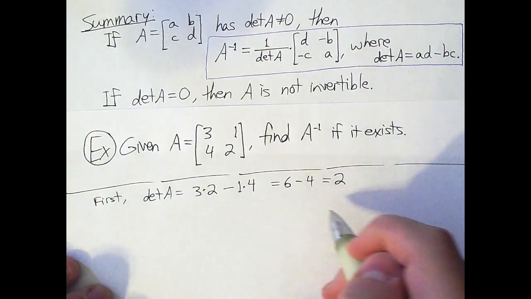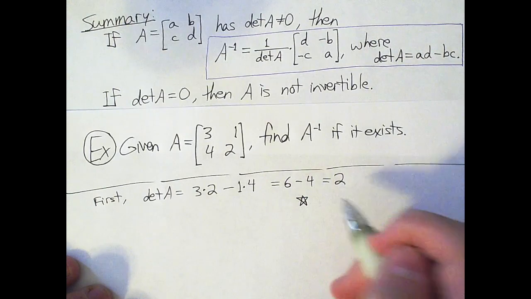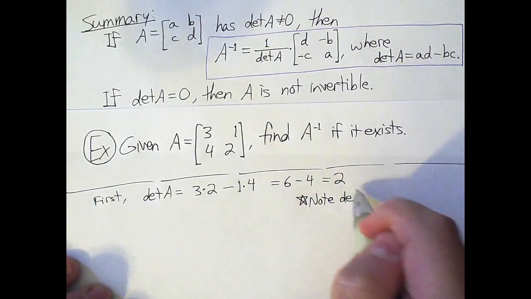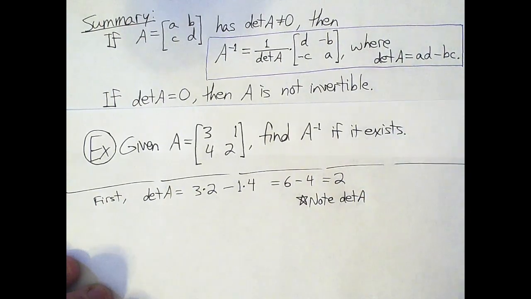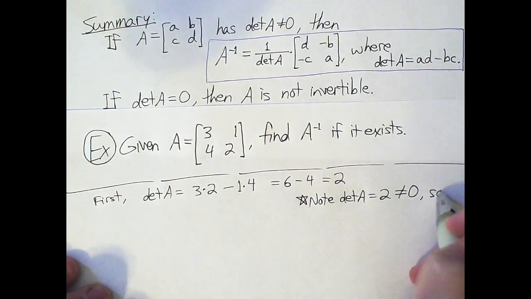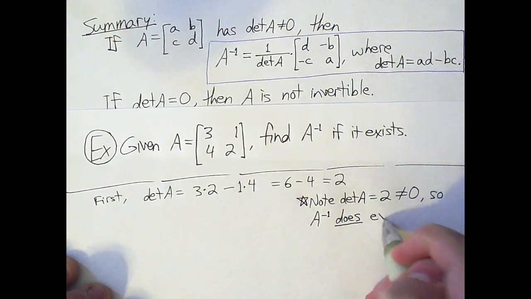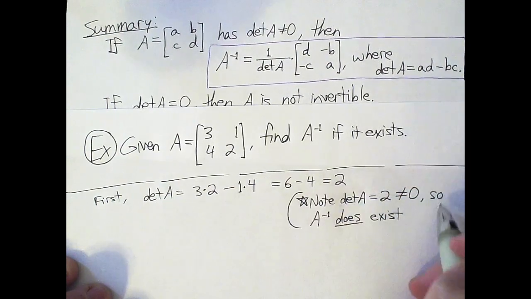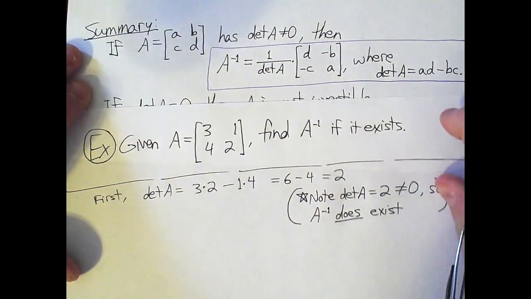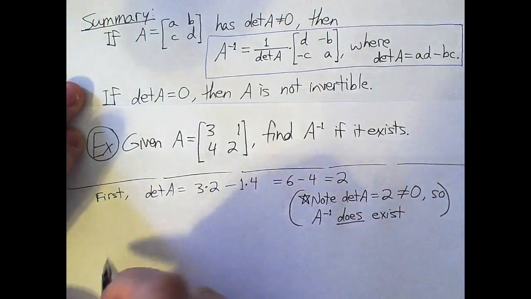Just as a quick note, you don't have to write this in a problem, but you would do a quick check and say, note, the determinant of A, which we found to be 2, is not equal to 0. So A inverse does exist. Okay, the determinant is not 0, so we can continue the problem and we will find an inverse.